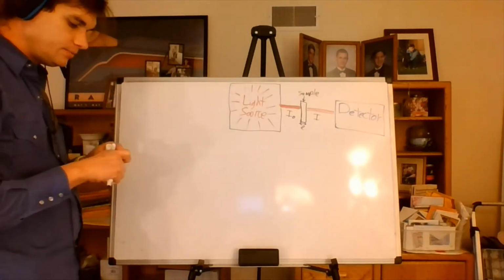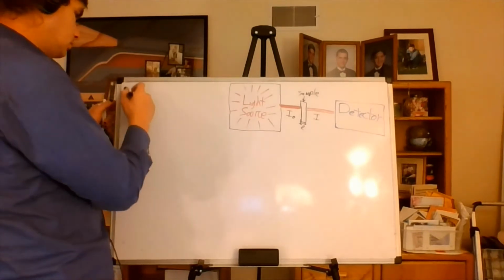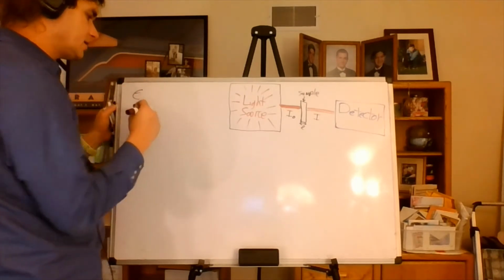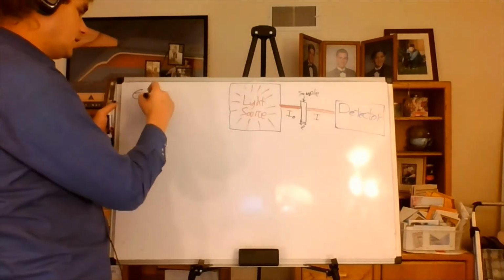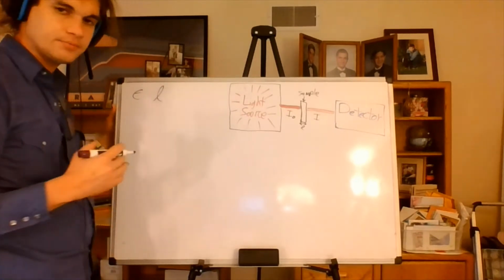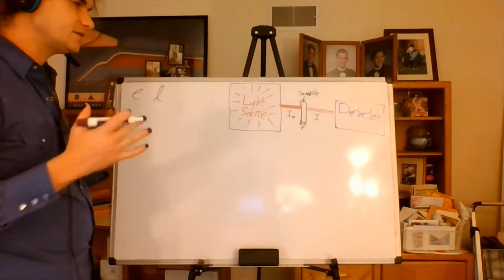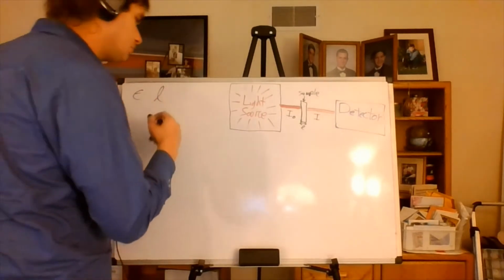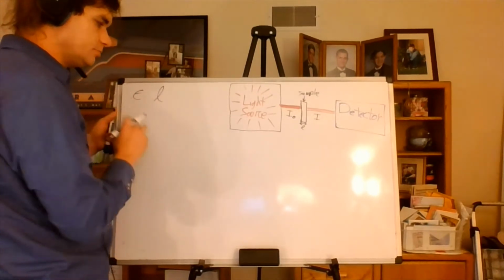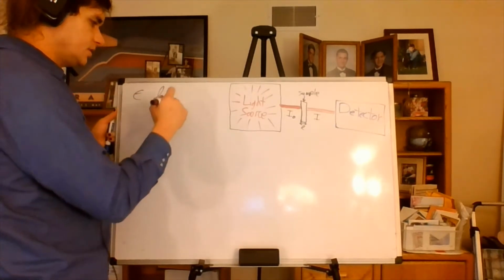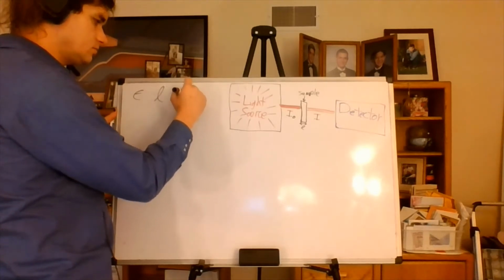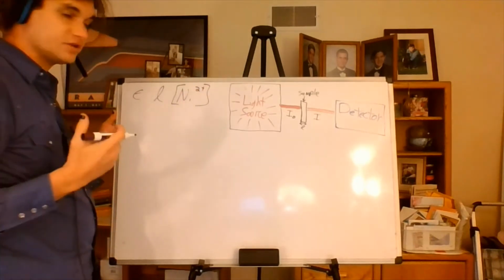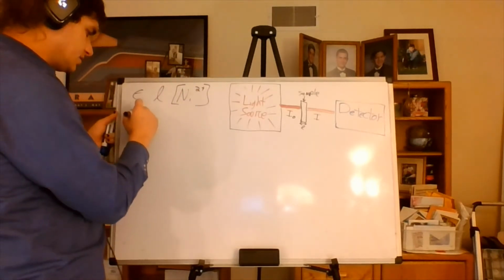Well, we could, hypothetically, look up the epsilon value at a particular wavelength, and we could look up the path length of our sample. The path length doesn't change with wavelength. We could then use those, in addition to the absorbance, to determine the concentration of our sample. So let's rearrange this.